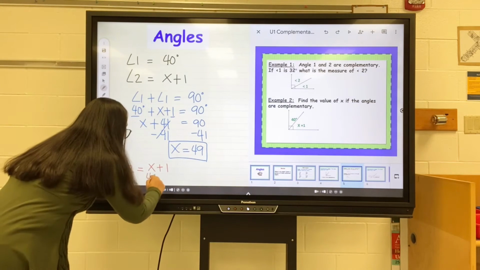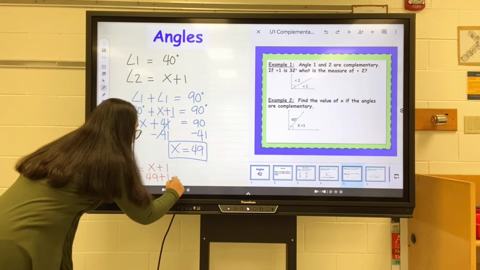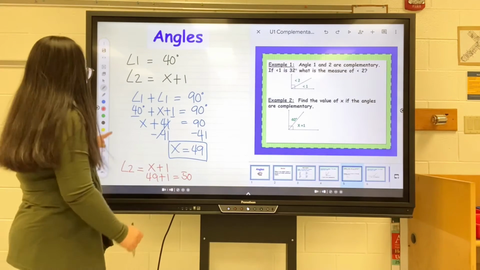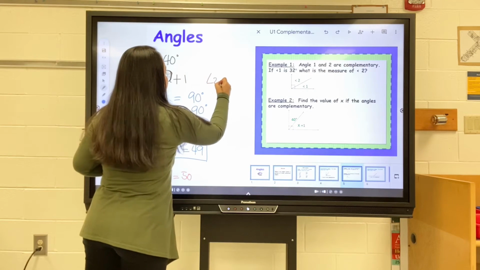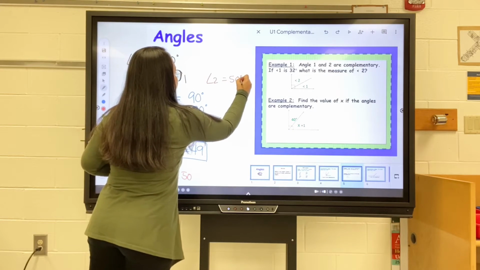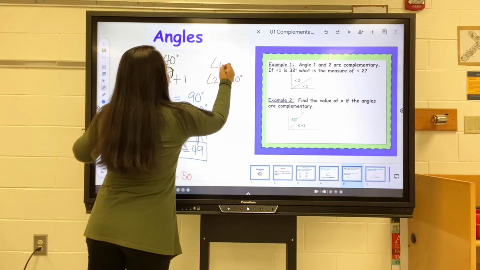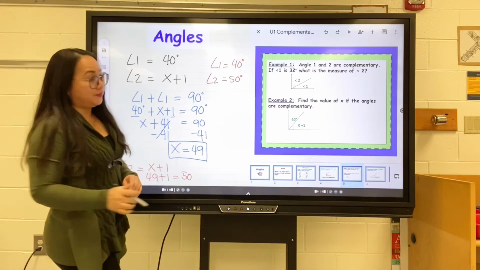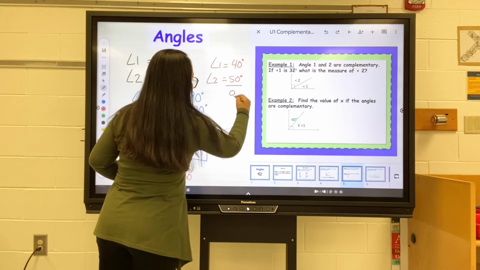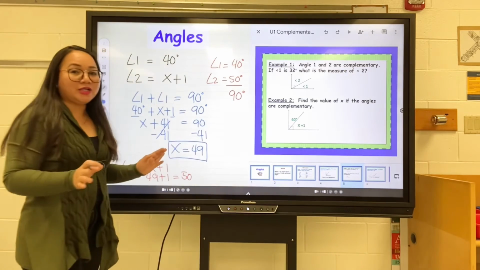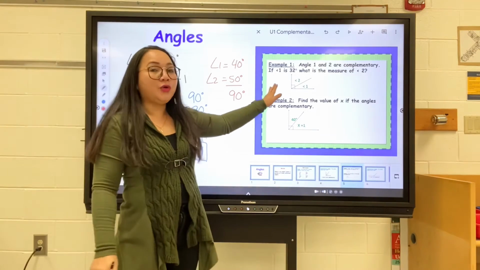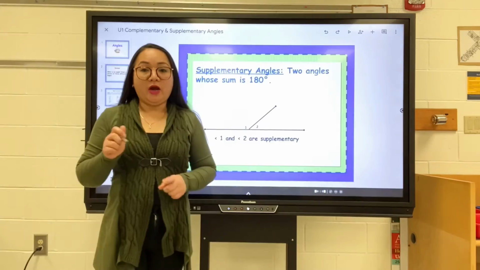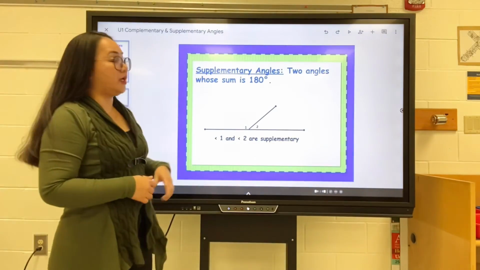So 49 plus 1 is equal to 50. Therefore, angle 2 is 50 degrees, and angle 1 is 40 degrees. If you add them together, that gives 90 degrees, which is the sum of two complementary angles. Okay, next is supplementary angles.